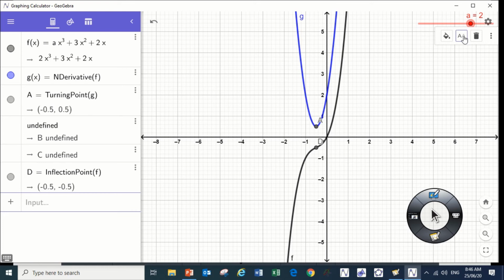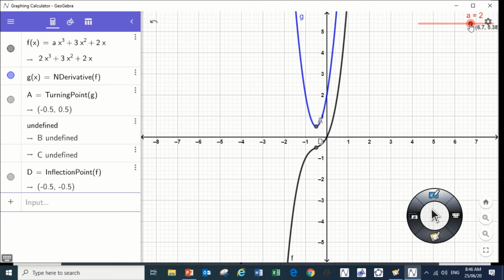I'm talking about when a is 2, right? It's concave down. So when the first derivative is a decreasing function, the cubic graph is concave down. And when the first derivative is an increasing function, the cubic graph is concave up.